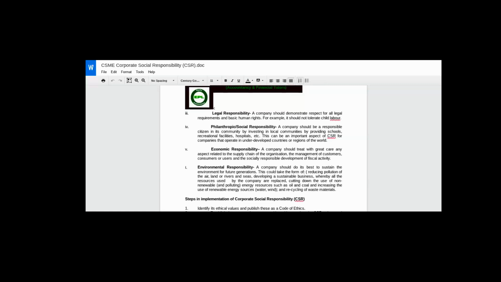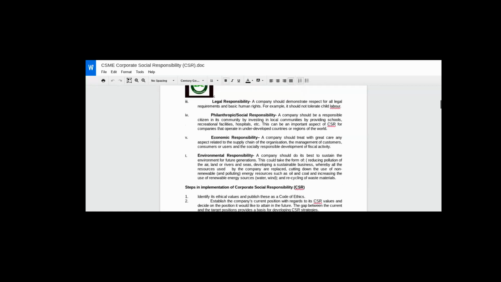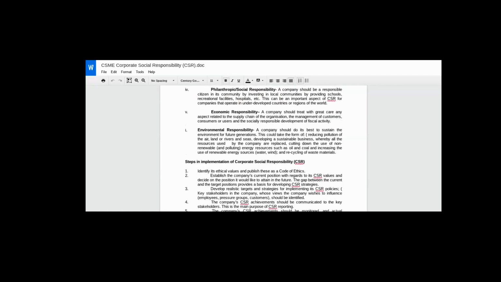Environmental responsibility. Under environmental responsibility, it is the duty of the company to ensure that they contribute towards environmental sustainability goals. It is the duty of the company to engage in environmental protection.